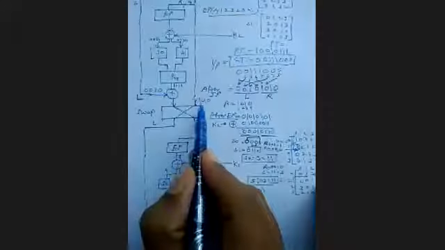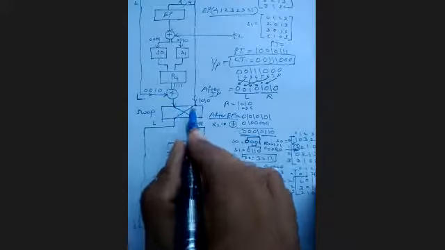Now I am performing the addition, plus 0 0 1 0. Understood? Once I am adding, the result becomes 1 1 0 1. And the number coming here is 1 0 1 0. So here I put my 1 0 1 0. So this is the key that I have got over here.